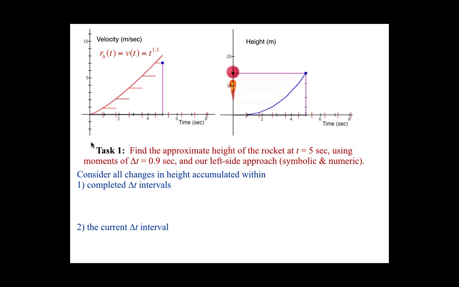So think about whether you want to write it out. Don't need to grab a calculator and figure out what t to the 1.3 power is for various values of t. But thinking about this rate function, we can use function notation or substitute into it, just write a number instead of t. Think about how much accumulation of height there's been due to the 5 complete intervals, and then how much accumulation in height there is due to this last partial interval.